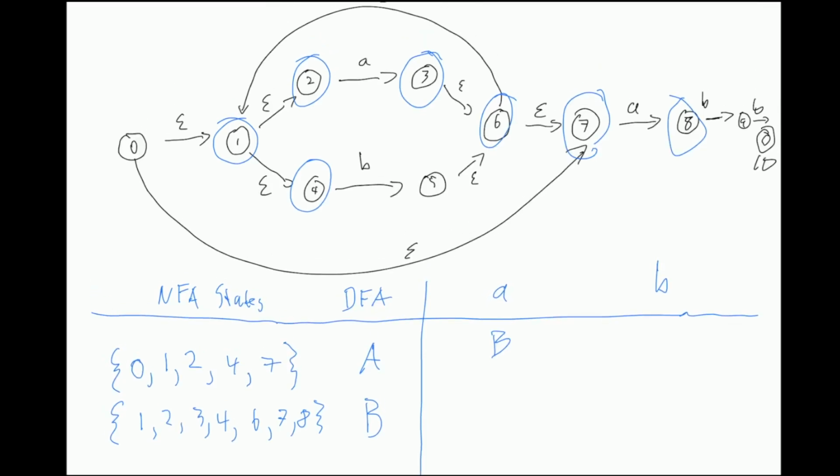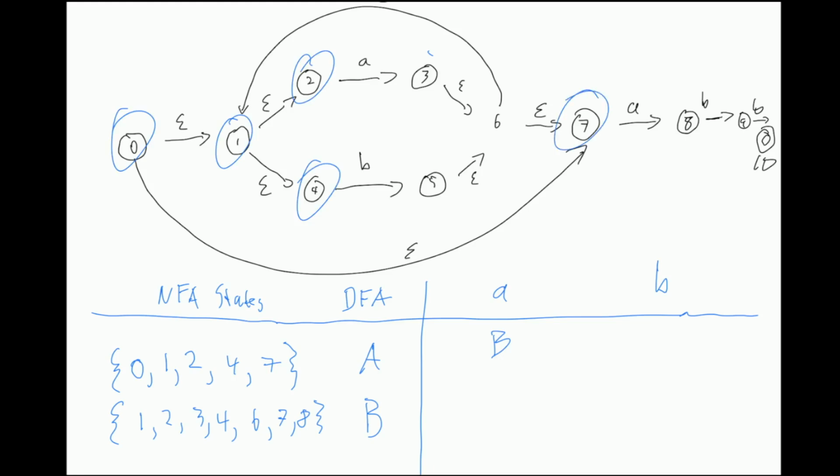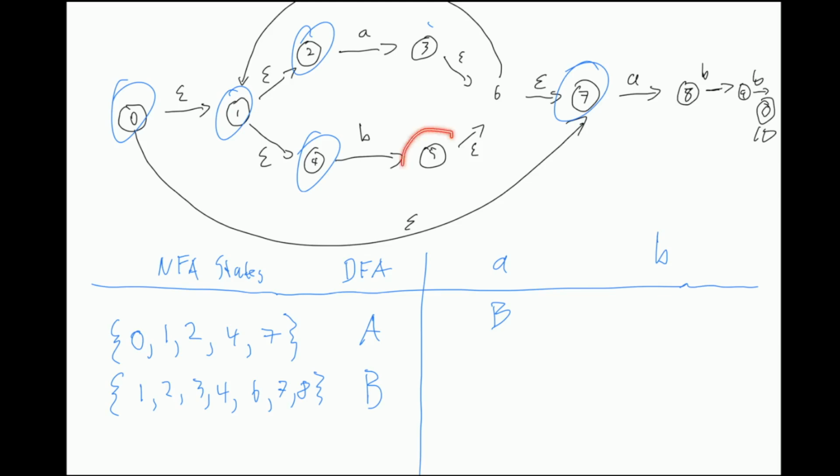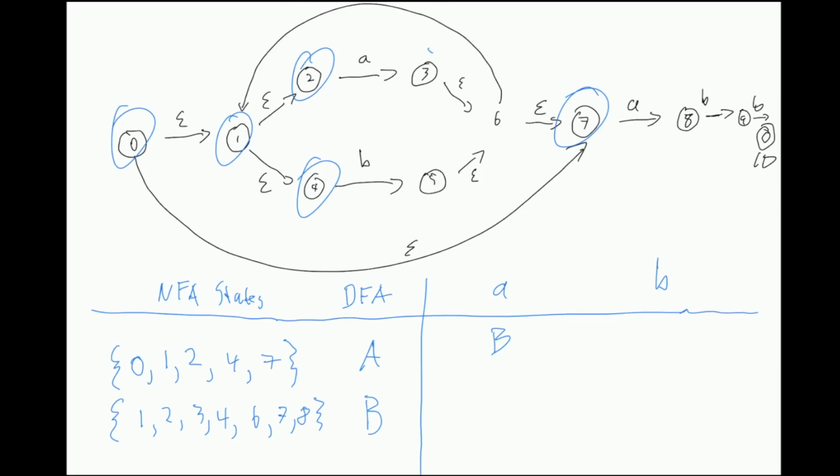Okay, so let's do B. So if we are in 0, 1, 2, 4, and 7, if we're in this state here, and we see B, what set of states do we enter? So, right, we enter 5 and nothing else. There's no other possible transitions from these states besides 5.